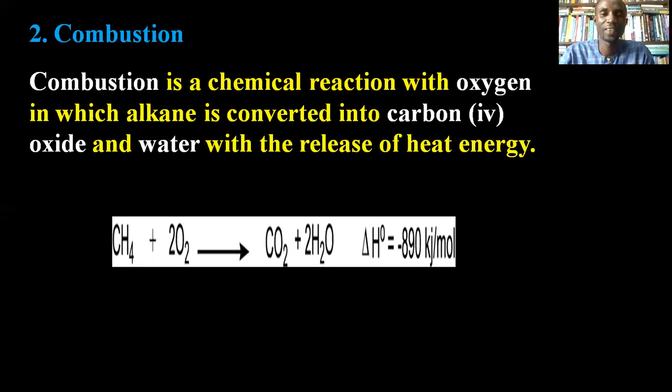Hope it's clear that combustion of alkane, of methane or ethane, any of them will give you carbon dioxide and water. You just need to balance the equation, and some amount of energy will be released. So number 2 chemical property of alkane is combustion reaction. That is what we have said so far.